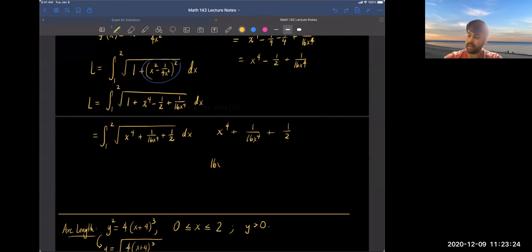So this would be 16 x to the eighth over 16 x to the fourth plus 1 over 16 x to the fourth plus 8 x to the fourth over 16 x to the fourth. So I made them all the same denominator. And then I can write this as 16 x to the eighth plus 8 x to the fourth plus 1 all over 16 x to the fourth.